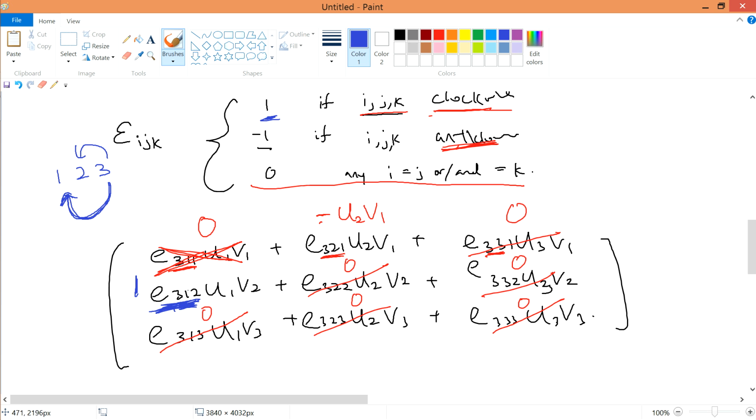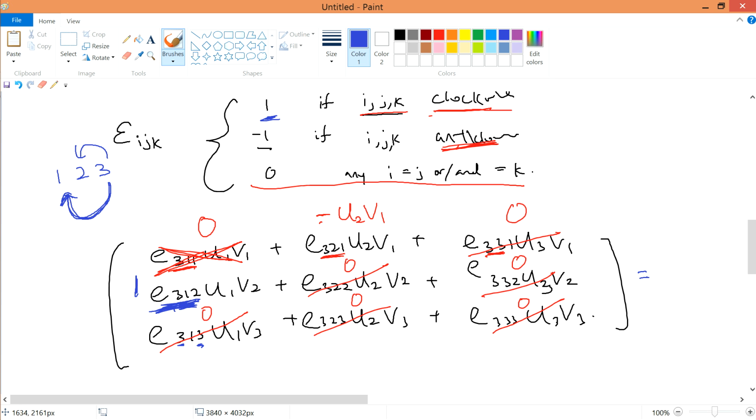So be very careful: if two values are the same, it becomes 0, but when you cancel, be very careful to look out for those that are not to be cancelled, which I actually did through some careless mistake over here.